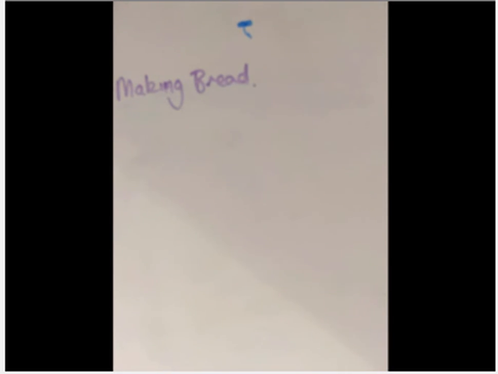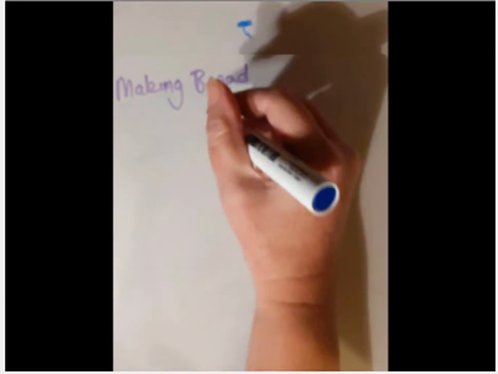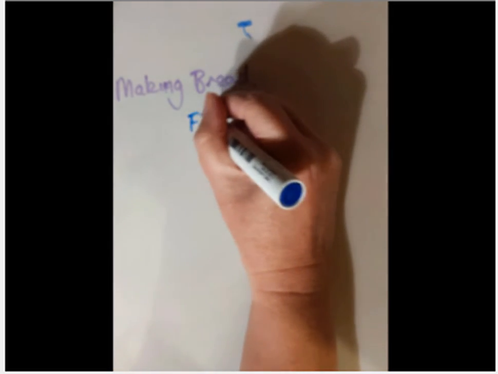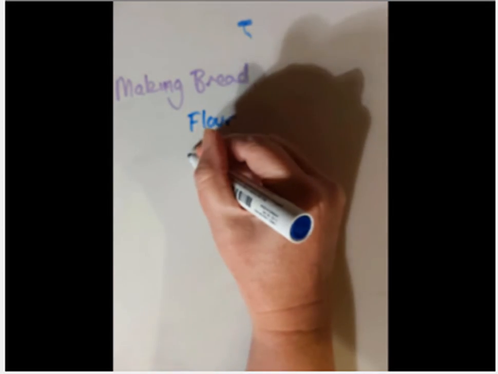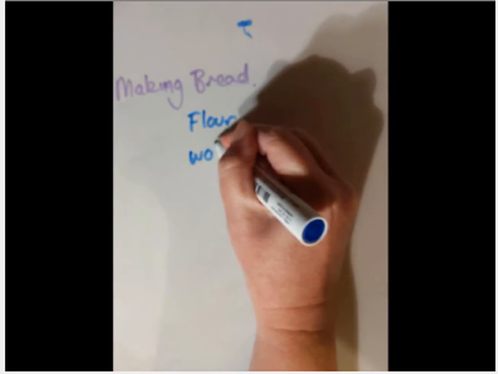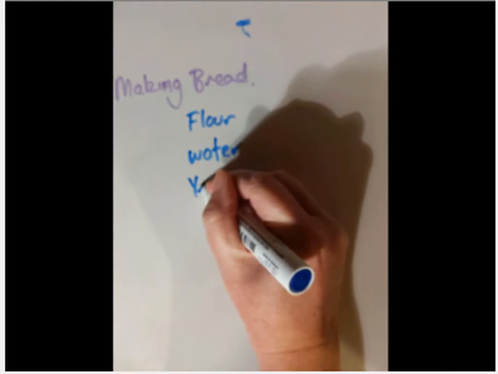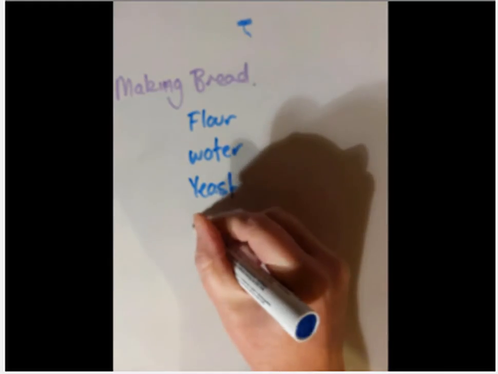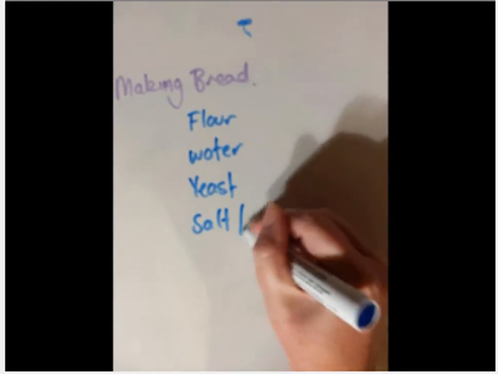Next step in the process is we're actually going to make our bread. So when we look at the ingredients of bread, there'll be flour, there's usually water, there's yeast, and there's usually some salt and sugar.